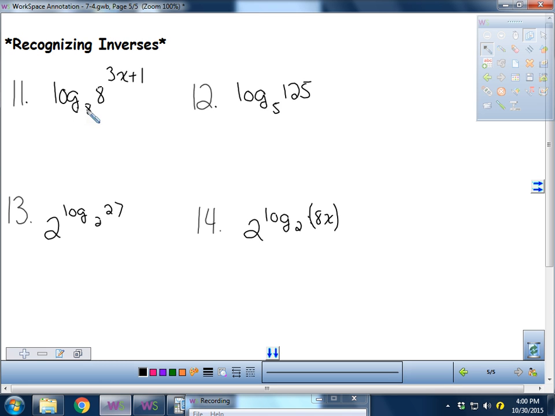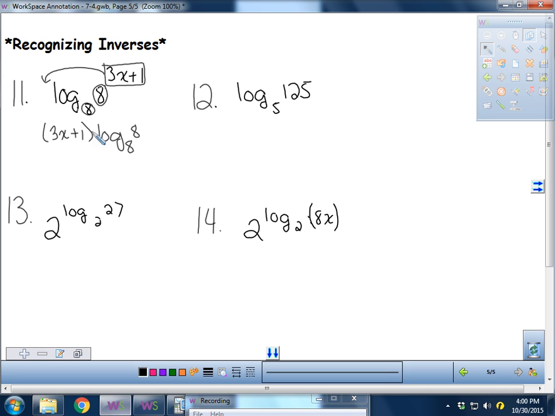So if you will notice on number 11, this is the base of my log, and this is the base of my exponent. When these two bases are the same, then the answer is going to be everything except for this part right here. So the answer to this is 3x plus 1. And I want you to think about this for just a second. If I use the power rule and I move this whole exponent to the front, that would be 3x plus 1 times log base 8 of 8.